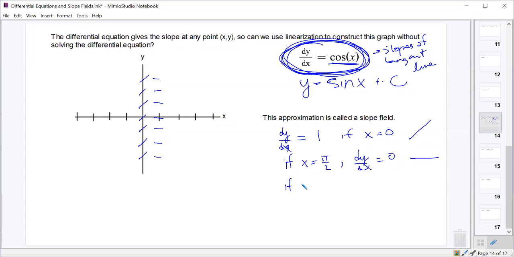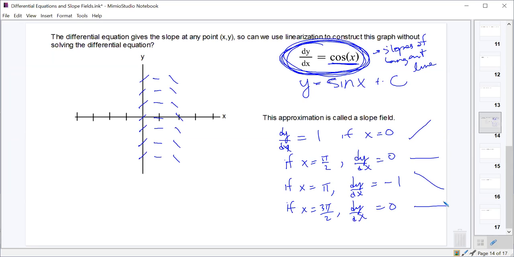What about if x is pi? What's dy dx going to be? -1, which should look about like that. So over here at pi, I'm going to draw a bunch of little slopes that are -1. And what about at 3 pi over 2? 0. Should be back to 0, nice and flat and horizontal there. And when we get to 2 pi, what should we have?